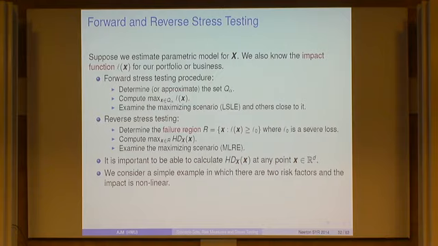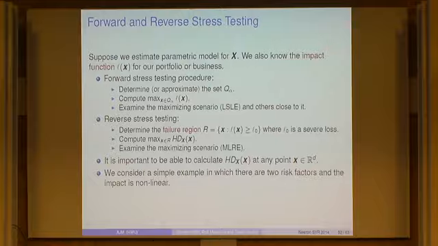Reverse stress testing could be formulated in this way. You think of all scenarios that would ruin you. For your particular portfolio, there are scenarios that will lead to an unacceptably severe loss.